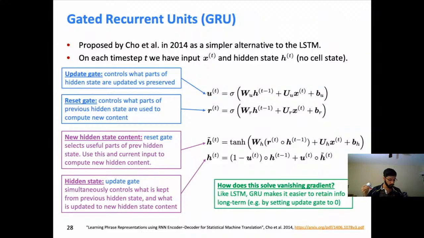So for example here, if the update gate u_t is set to 0, then we're going to be keeping the hidden state the same on every step. And again, that's maybe not a good idea, but at least that is a strategy you can easily use in order to retain information over long distances. So that's the same explanation of how GRUs make it potentially easier for RNNs to retain information long term.